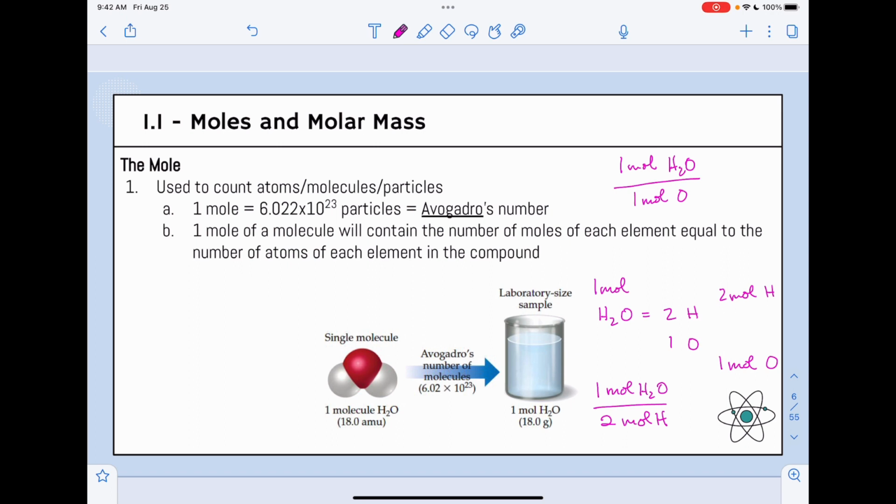We're going to use this to determine formulas by looking at individual masses. Quick reminder, if we wanted to calculate the molar mass, we'd add up the mass of hydrogen times 2, because there's 2 hydrogens, plus the mass of oxygen, and that would get us the molar mass of water.